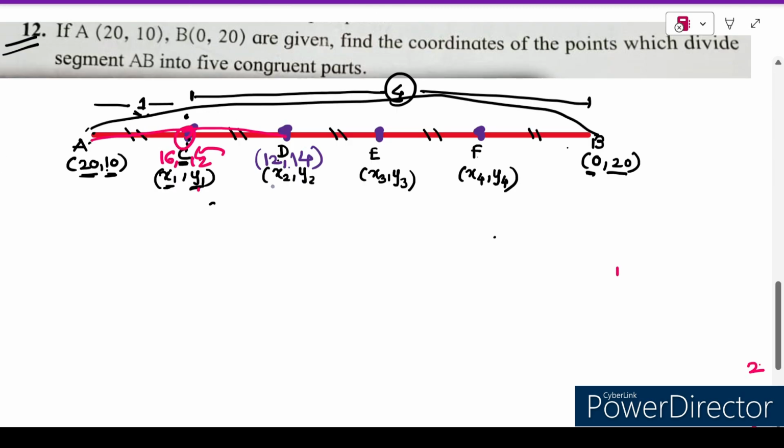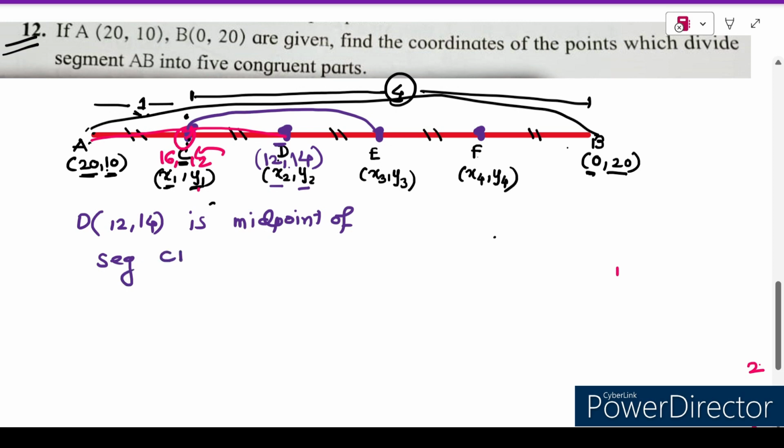Now we have the values of x2 and y2. On observing segment CE, D is the midpoint. Therefore D, with coordinates 12 comma 14, is the midpoint of segment CE. The coordinates of C are 16 comma 12, and the coordinates of E are x3 and y3, which we have to find.